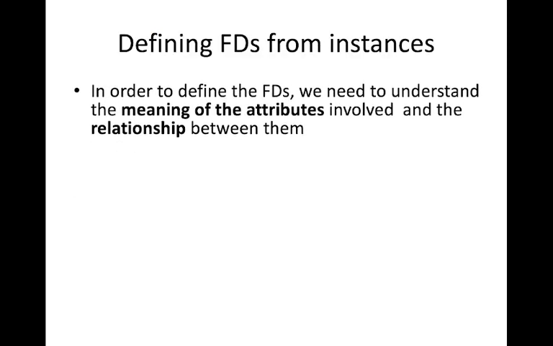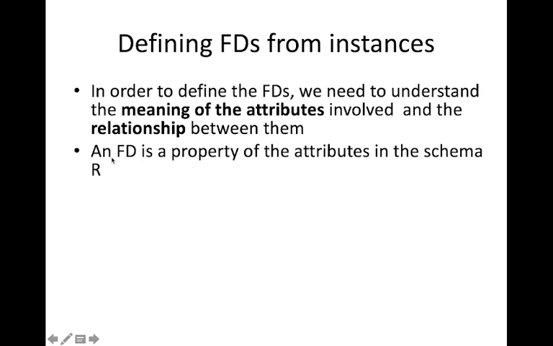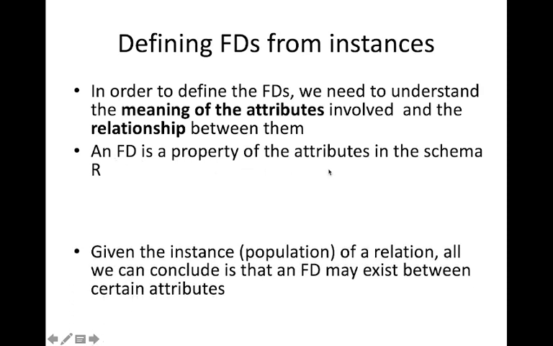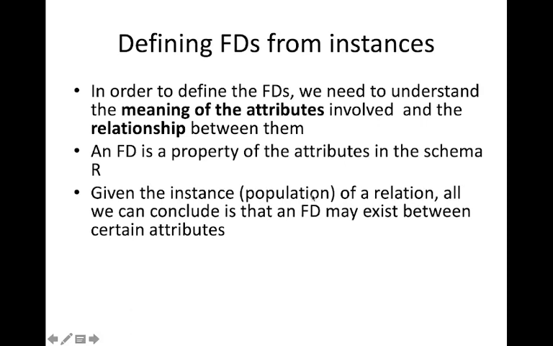So, defining functional dependencies from instances. In order to define the functional dependency, we need to understand the meaning of the attributes involved and the relationship between them. Then only we can say that functional dependency. An FD is a property of the attributes in the schema R. Given the instance or population of a relation, we can conclude that a functional dependency may exist between certain attributes.